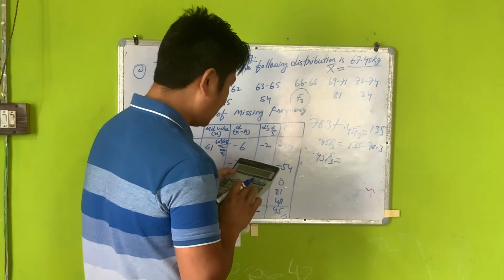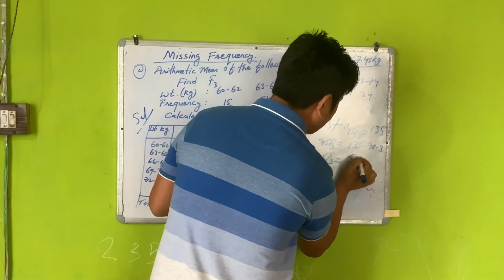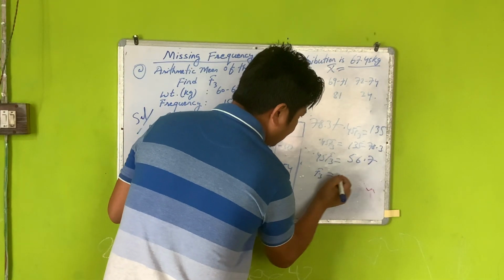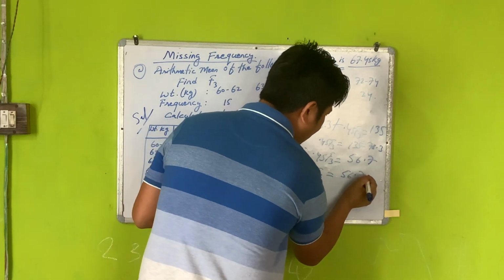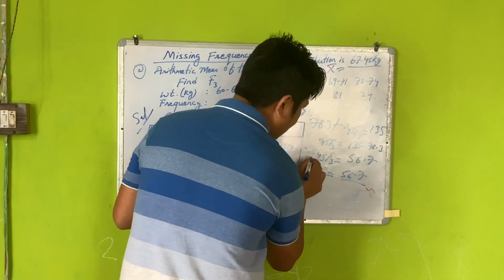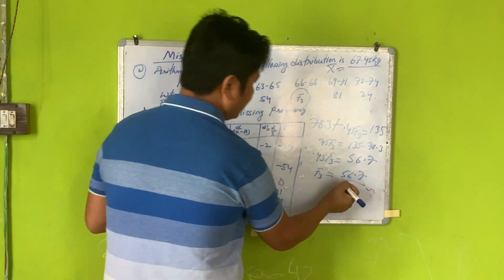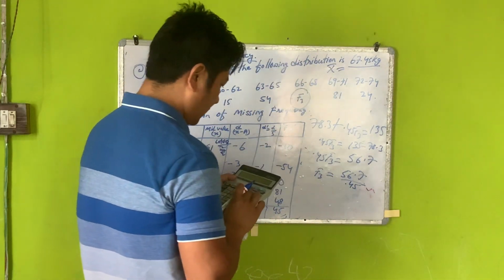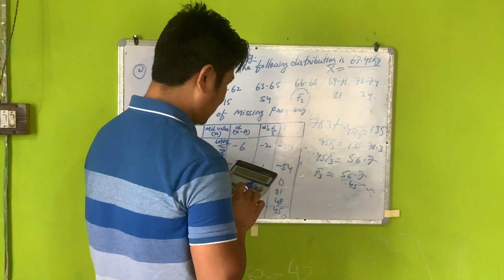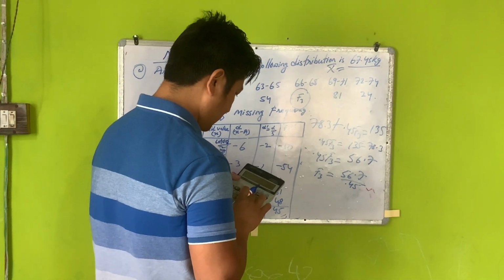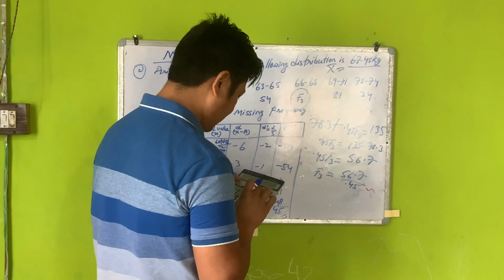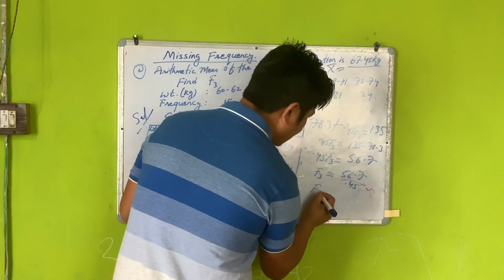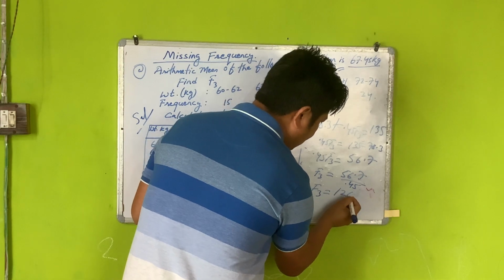It will be 56.7. So f3 is equal to 56.7 divided by 0.45. When you divide 56.7 by 0.45, it will be 126. So f3 is equal to 126.